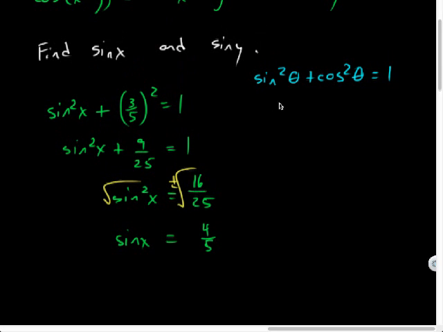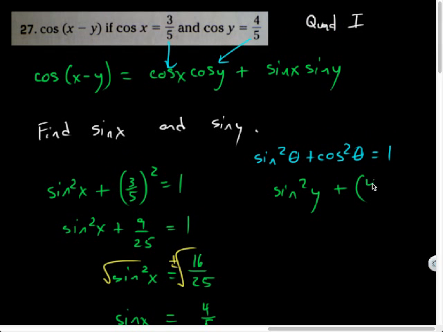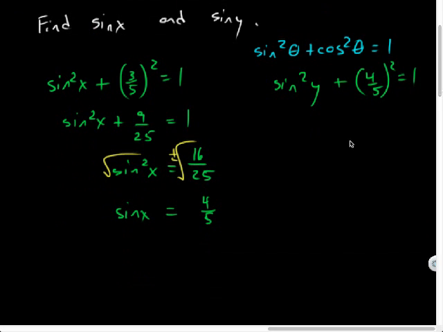Let's see, similarly for sine y. Did anyone calculate this that I could just go off of that so I don't have to? All right, so you went down and you ended up getting sine y equals 3/5. And I believe I agree with that.